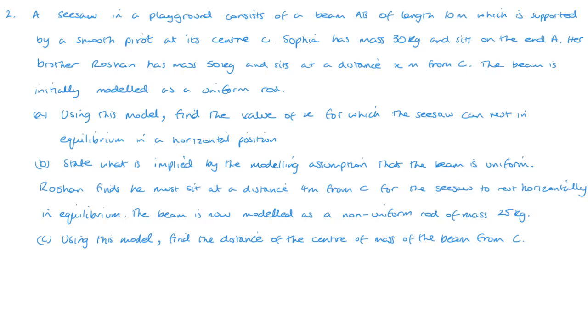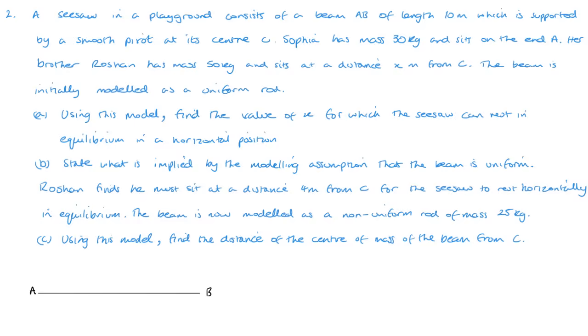Welcome back. Let's have a look at how we're going to solve number 2. So first things first, let us sketch what's happening. So we've got a beam AB of length 10 meters.